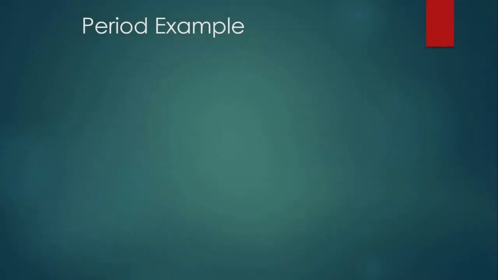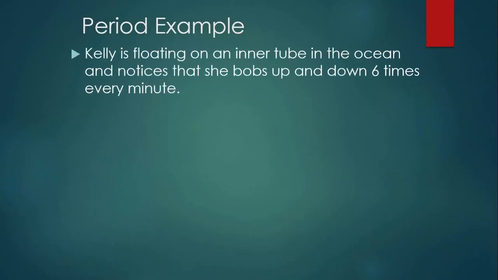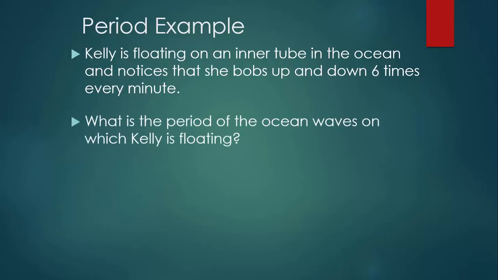Let's take a look at an example. So Kelly is floating on an inner tube in the ocean, and she notices that she bobs up and down 6 times every minute. So each time she bobs up and down, that's one complete oscillation, that's one wavelength. So we can figure out the period of the ocean waves that she's floating on if we do a little bit of math.